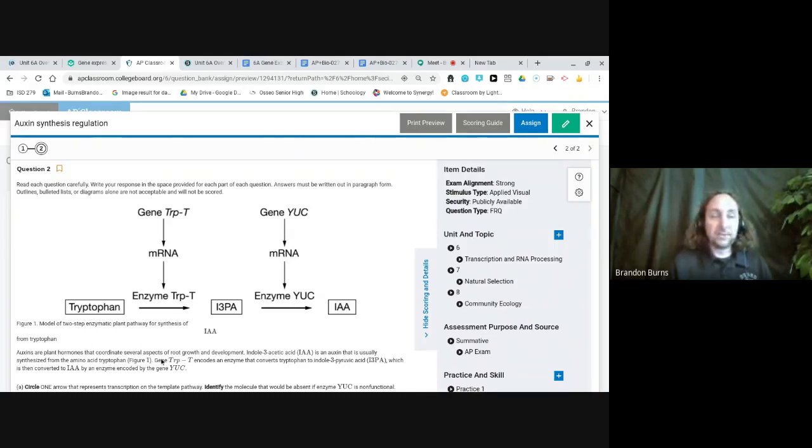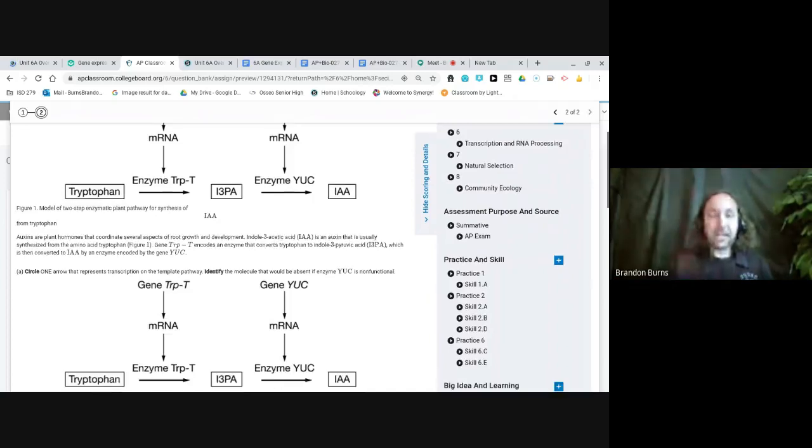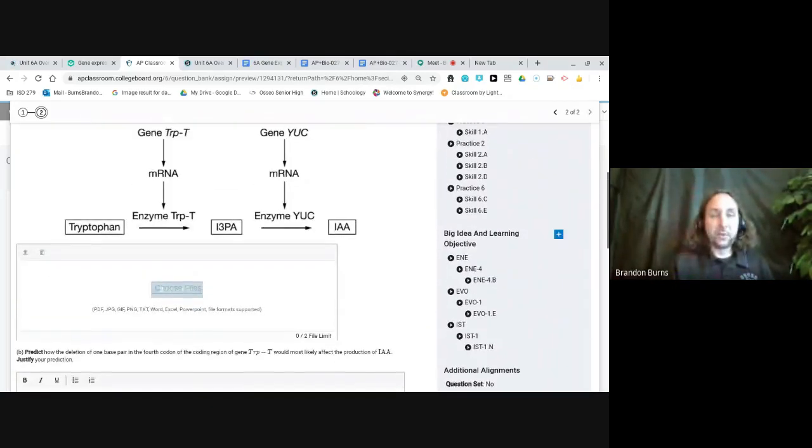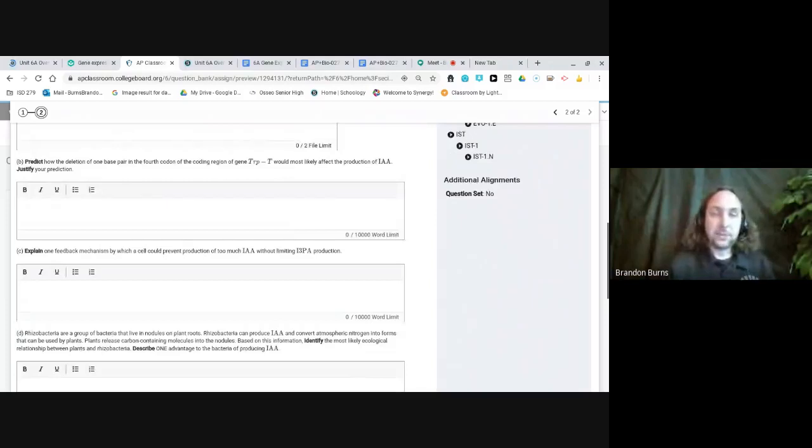So they give you some other information here, and you read about that, and then there are a series of questions. You start by circling an arrow that represents the transcription on the template pathway, right? So where is transcription happening? Or identify the molecule that would be absent. There's questions about what would happen if you changed one of the base pairs in the codons.